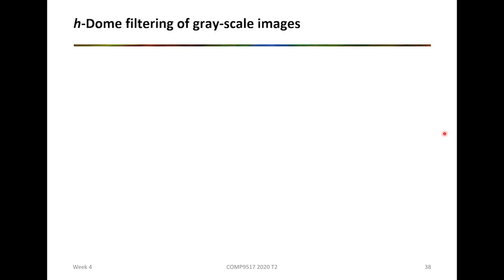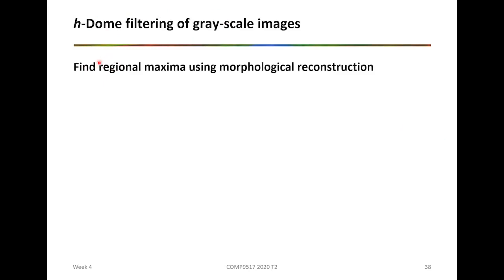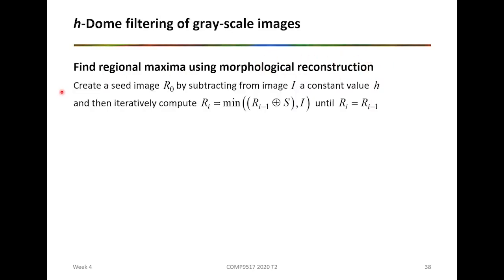The last thing I want to explain is the H-dome filter of grayscale images. The idea is to find regional maxima using morphological reconstruction. We've talked about this reconstruction operation before for the binary case, but we can do the same thing for grayscale images.